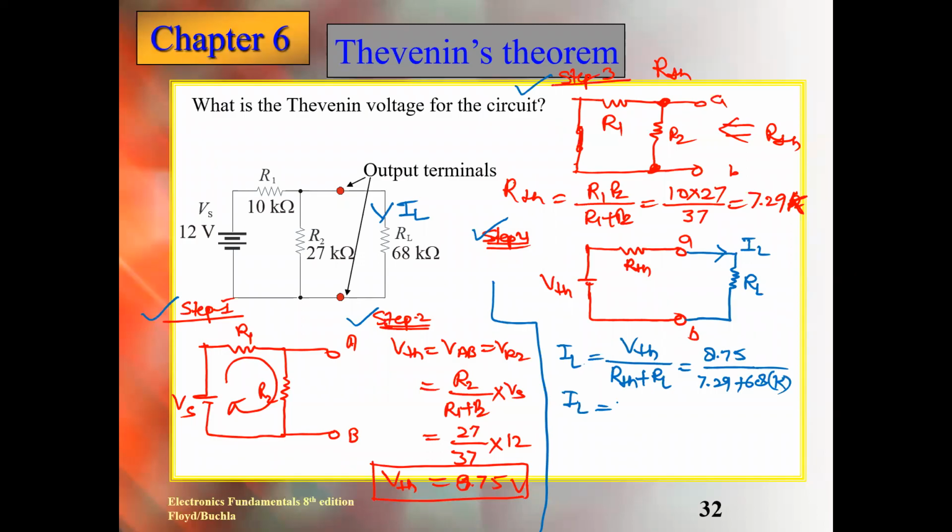So what should our current be? 8.75 divided by 75.29 is 0.116.